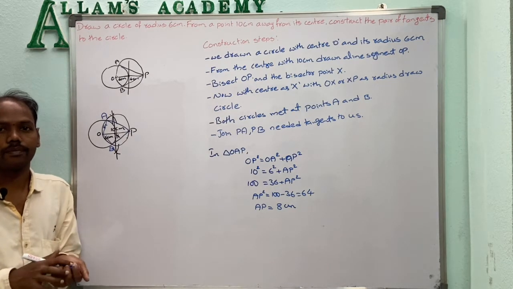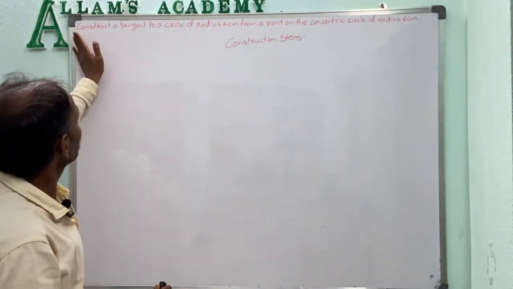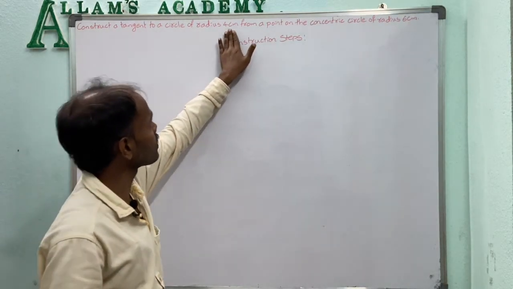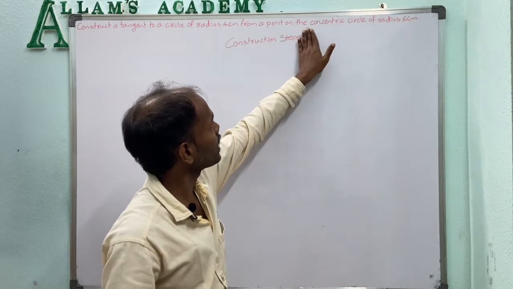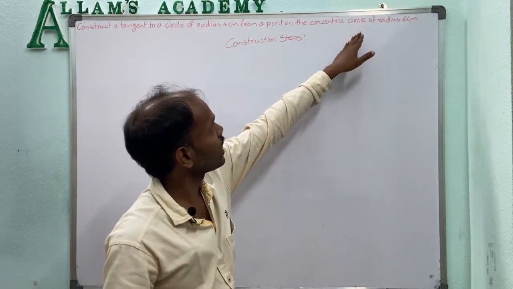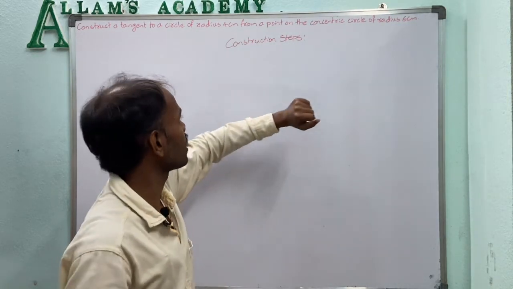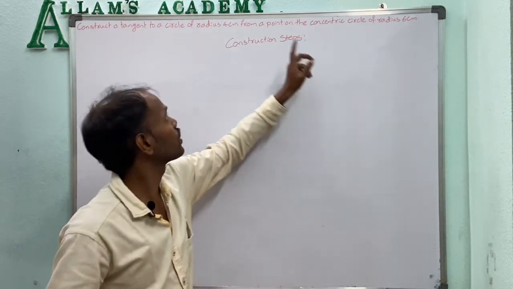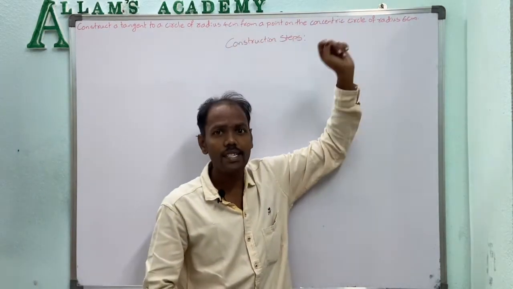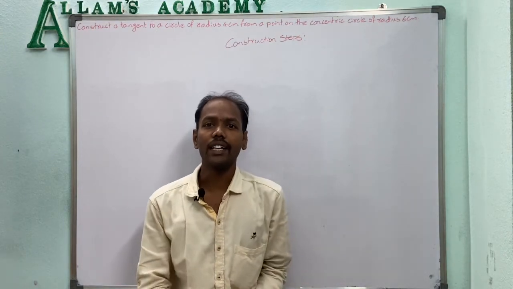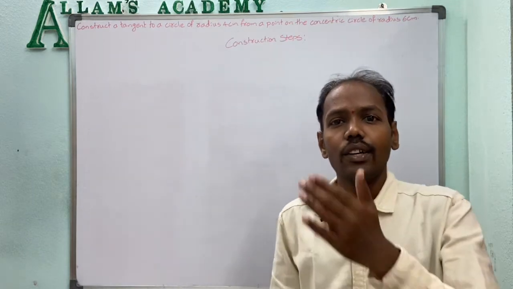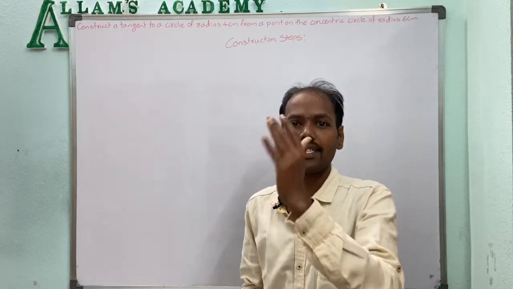Okay. Now our problem is: construct a tangent to a circle of radius 4 centimeters from a point on the concentric circle of radius 6 centimeters. So here we have to draw 2 concentric circles with radii 4 centimeters and 6 centimeters. We already said that concentric circles means 2 or more circles with the same center.